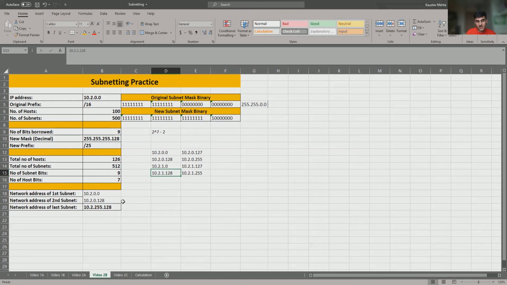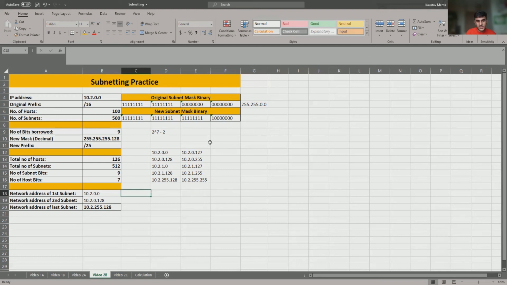So this range will be 10.2.255.128, and this goes to 10.255.255, the broadcast address for the last subnet in our example.